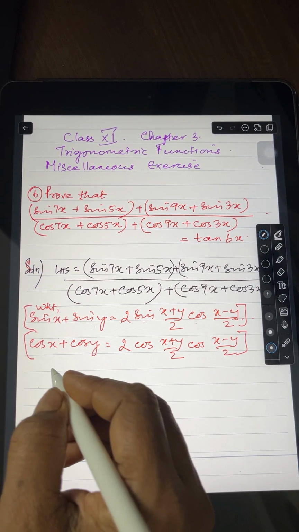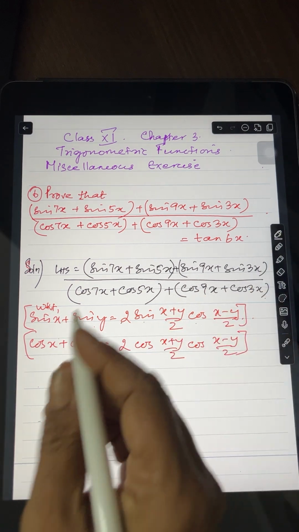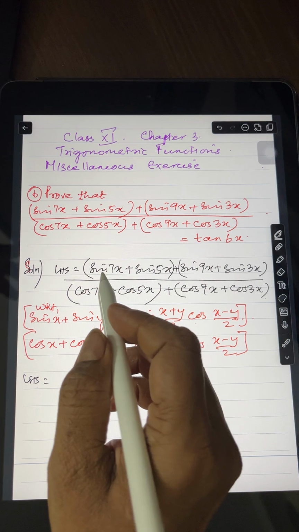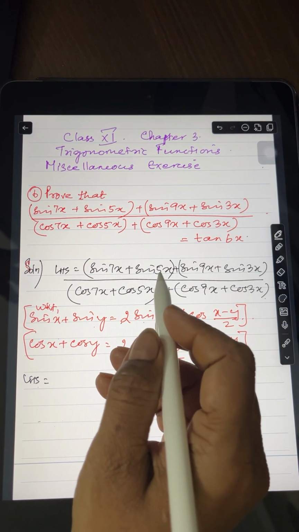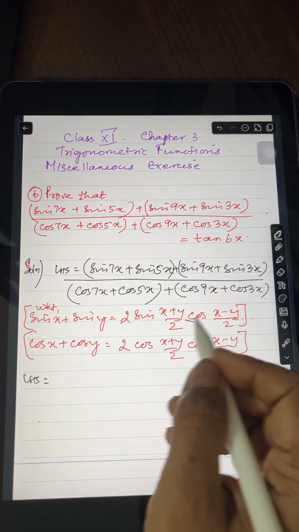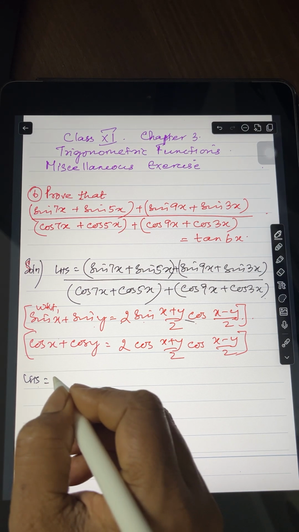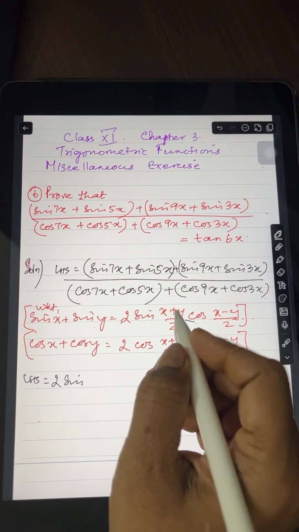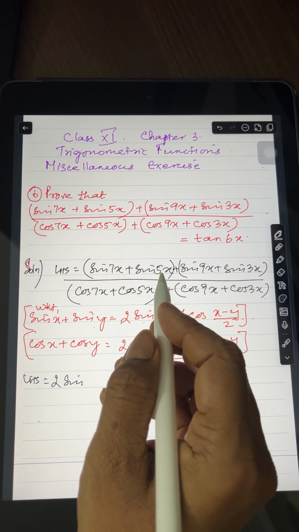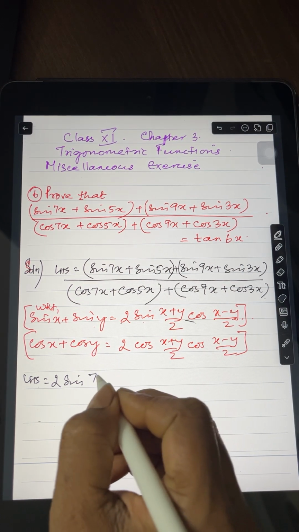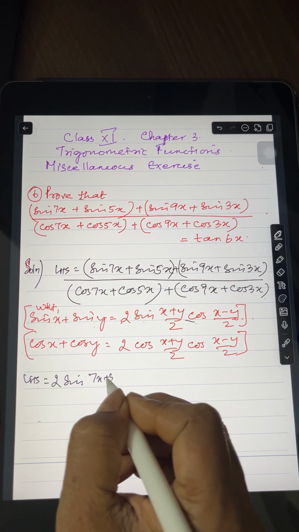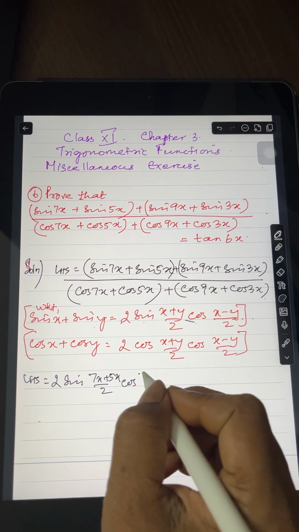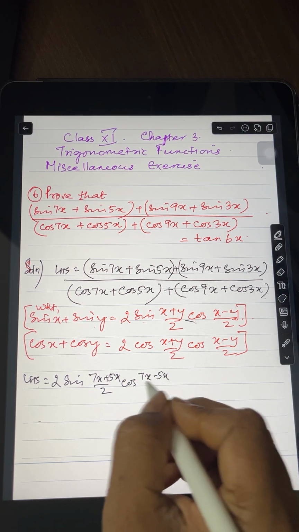That is compulsory. Now we'll take LHS again. LHS is equal to sine 7x plus sine 5x. You can apply the formula for sine. So in place of x and y, I can write 7x and 5x: 2 sine (7x plus 5x by 2) cos (7x minus 5x by 2).